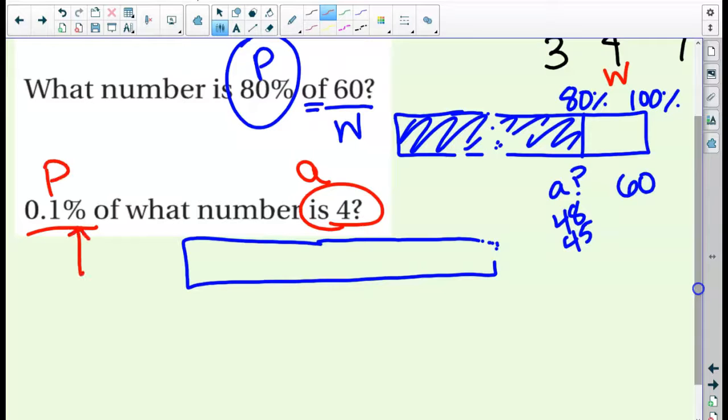The clue here is your percent sign. It's usually giving you the percent. Okay, so I know the percent, 0.1%, tiny little piece there. And what's my whole? Oh no, what's my part? 4. 4 is 0.1% of what number? I'm looking for my whole here.